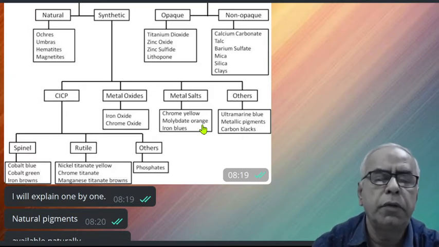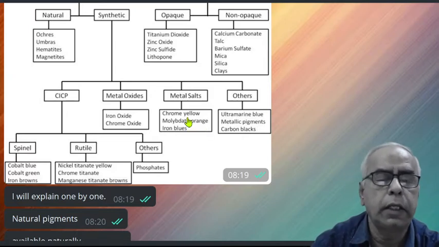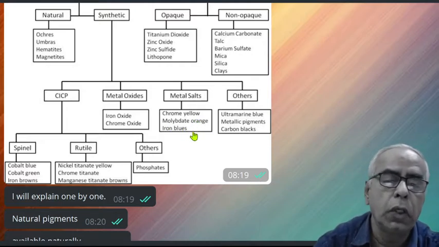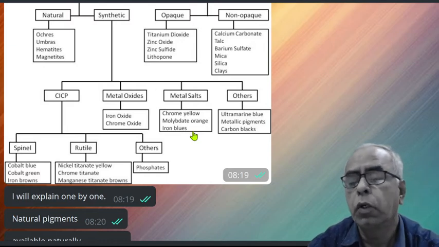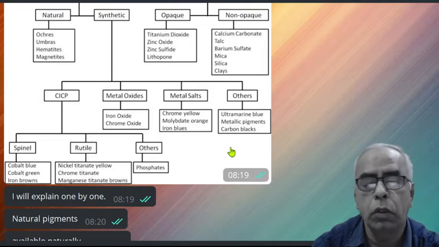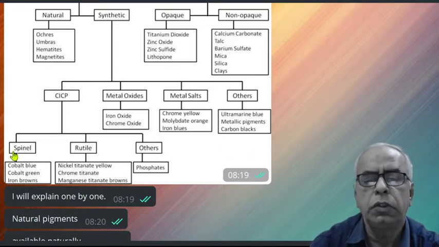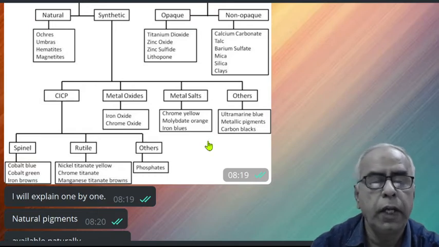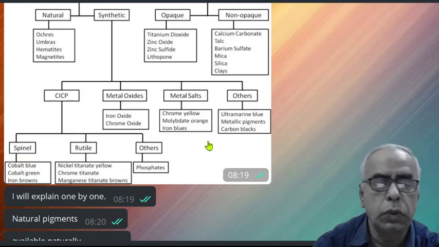We have different types of chrome yellow also, like lemon chrome, middle chrome, orange chrome, etc. Then we have molybdate orange, iron blues, and other pigments like ultramarine blue, metallic pigments, carbon blacks. So these are all very popular synthetic compounds. And we have some phosphates also.